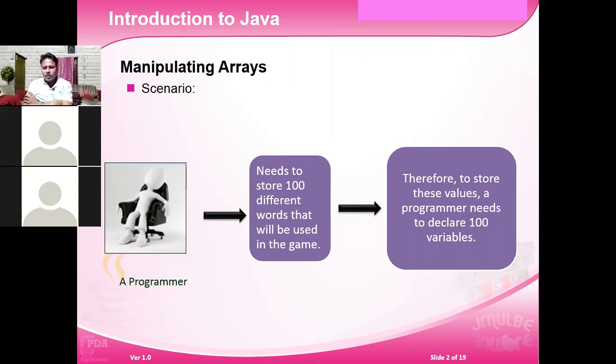Okay, so if you are a programmer, and you are assigned a task to store 100 words, for storing one word you require one variable, and for storing 100 words you require 100 variables.